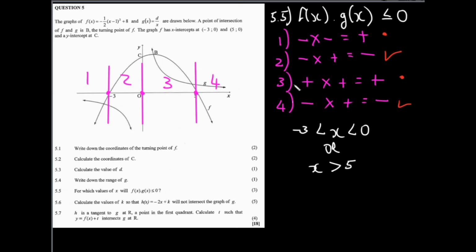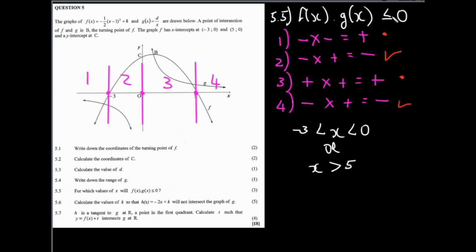In section 3, that's between 0 and 5. Both graphs are positive, so a positive times a positive is a positive. And then in section 4, which is all values greater than 5, I see that the hyperbola is positive, but the parabola is negative. A negative times a positive is a negative.